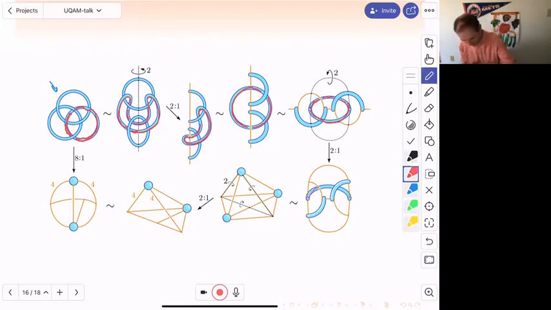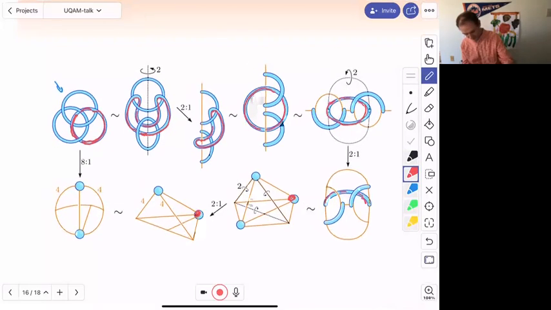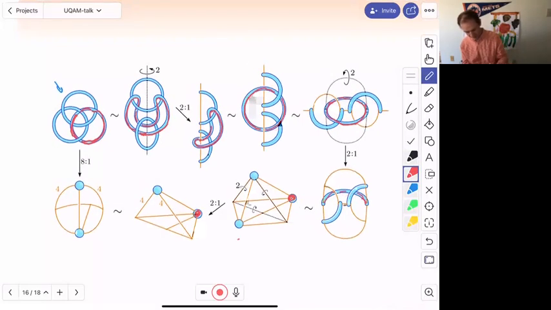So when we do that, at this stage here, we actually introduce some 4 torsion on the cusp.